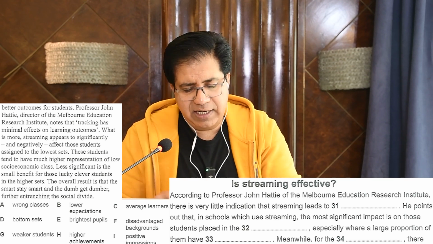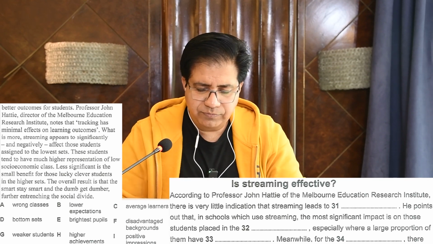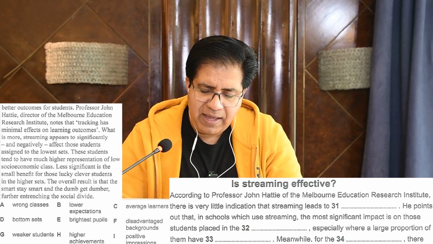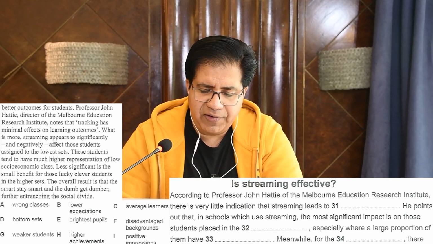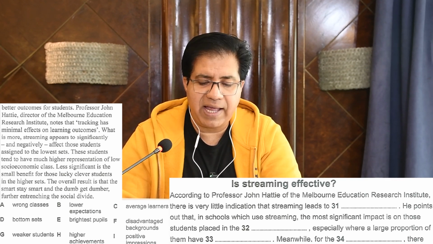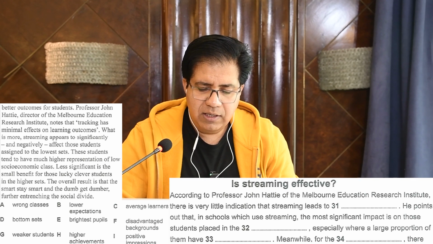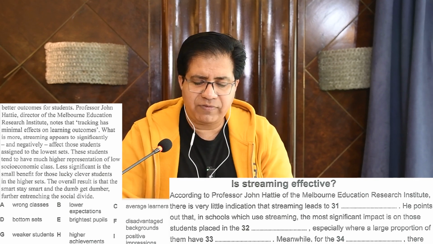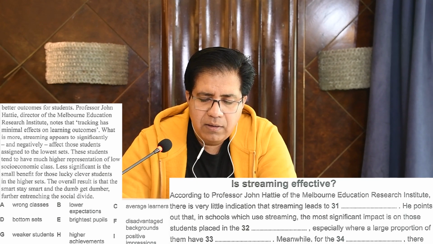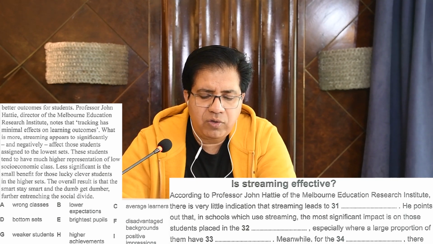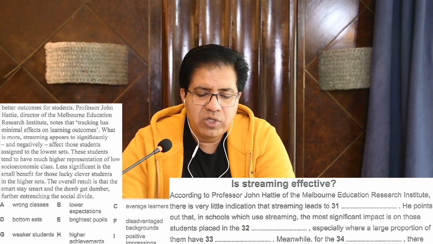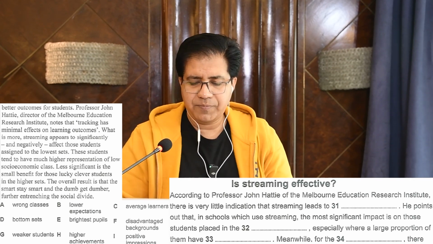Let me refresh the question in my mind. Especially where a large proportion of them have, so they say here, low socio-economic class, higher representation. Higher representation means a large proportion of them have. Now look for the synonym of low socio-economic class.